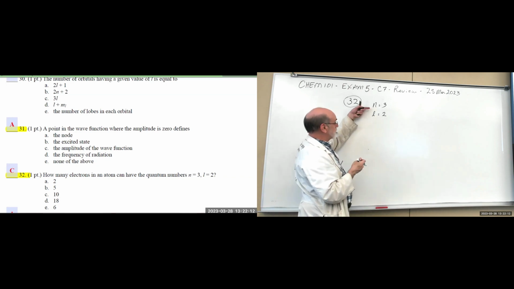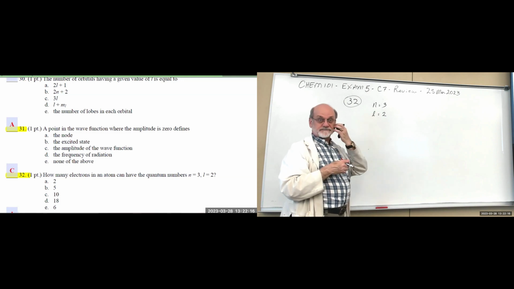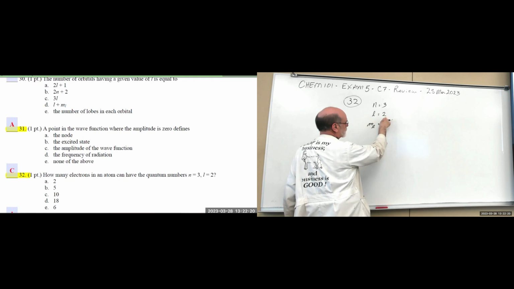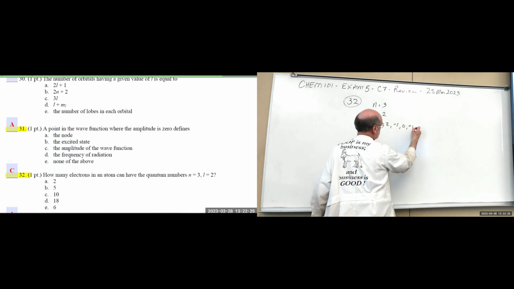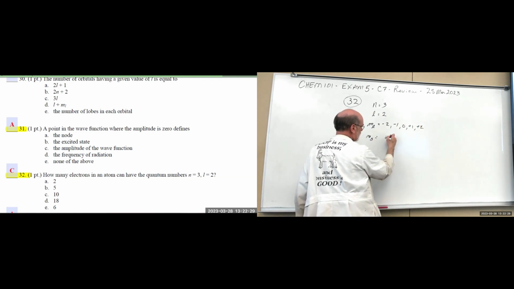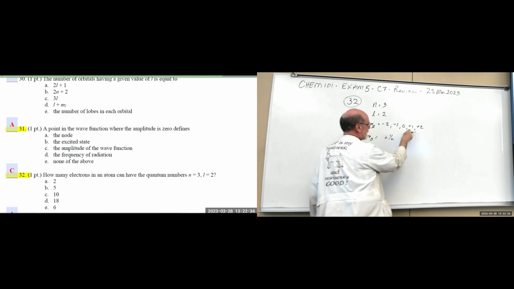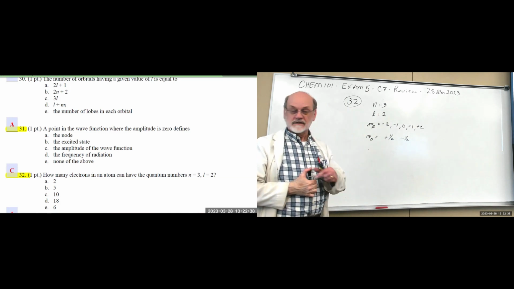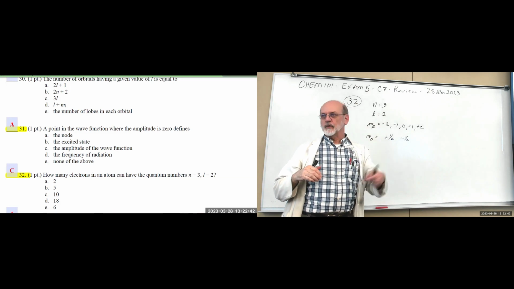They can have the same n and l, but from then on, we've got to differ somehow. So m sub l would be what? For l equals 2, you can have -2, -1, 0, +1, and +2. And for each one of those, you can have +1/2 and -1/2. So we have 2, 4, 6, 8, 10. You can have 10 electrons, and they'll each have their unique set of 4 quantum numbers.